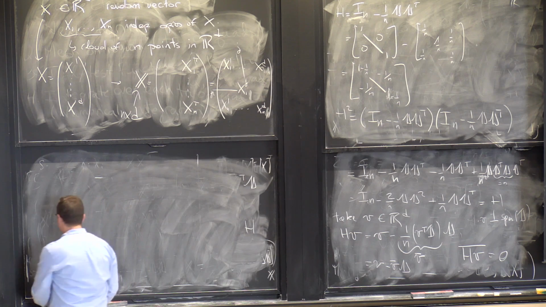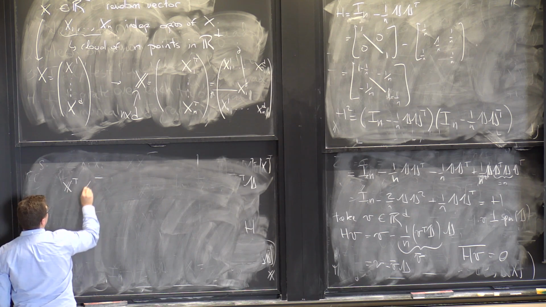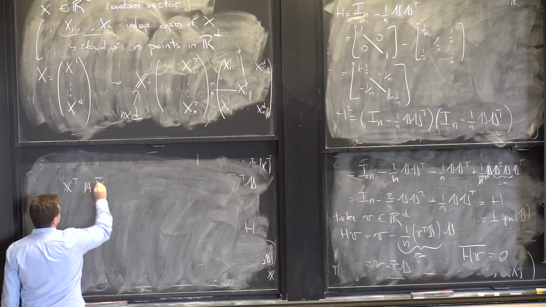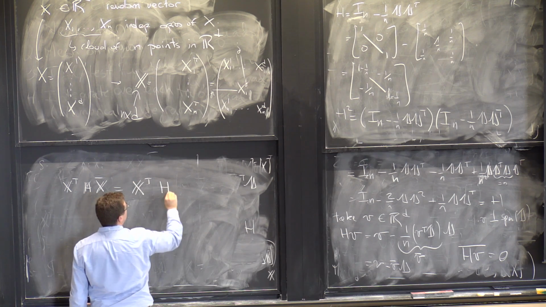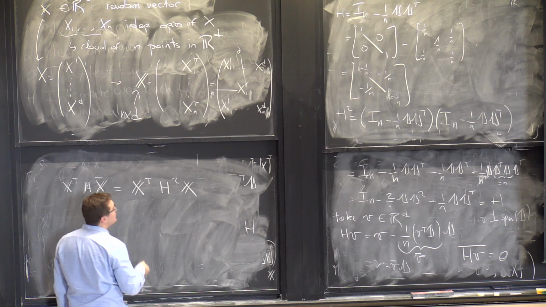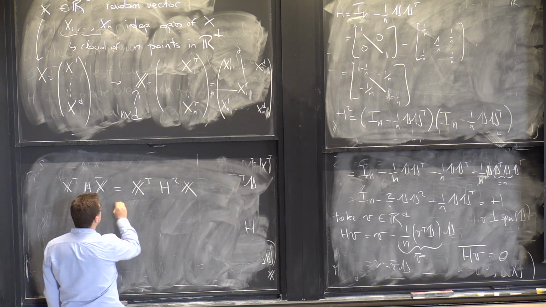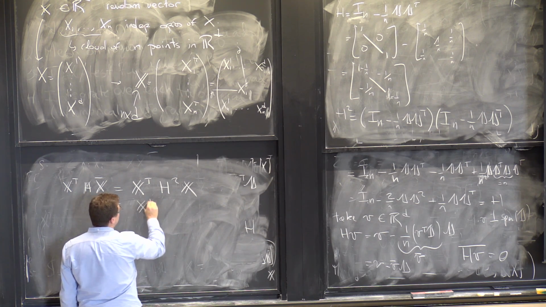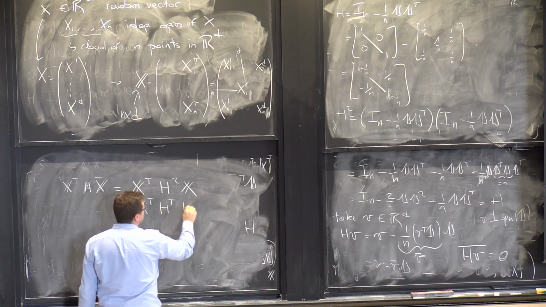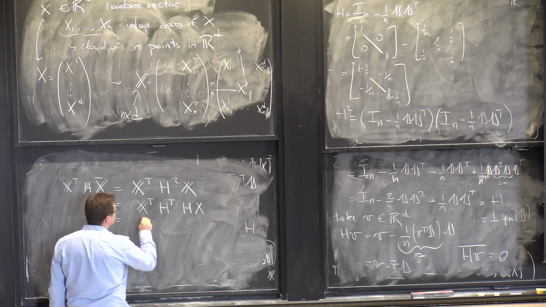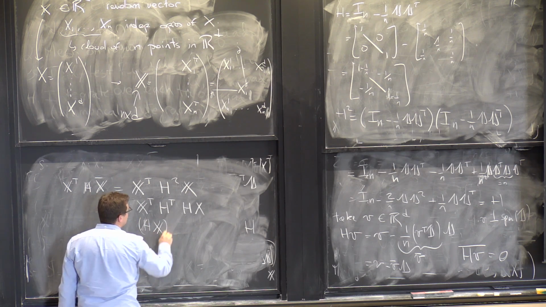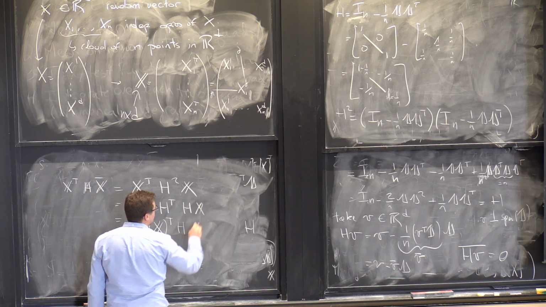that when I look at X transpose H X, it's the same as looking at X transpose H squared X. But since H is equal to H transpose, this is actually the same as looking at X transpose H transpose H X, which is the same as looking at (HX) transpose HX.